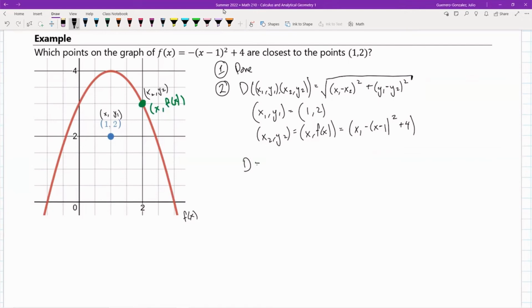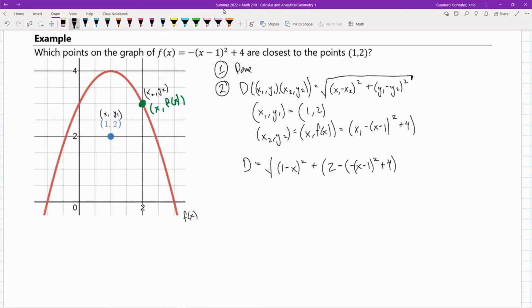So my d is going to be the square root, 1 minus x squared, plus y1 minus y2. So that's going to be 2 minus, x minus 1, and that's supposed to be in parentheses there, squared plus 4.